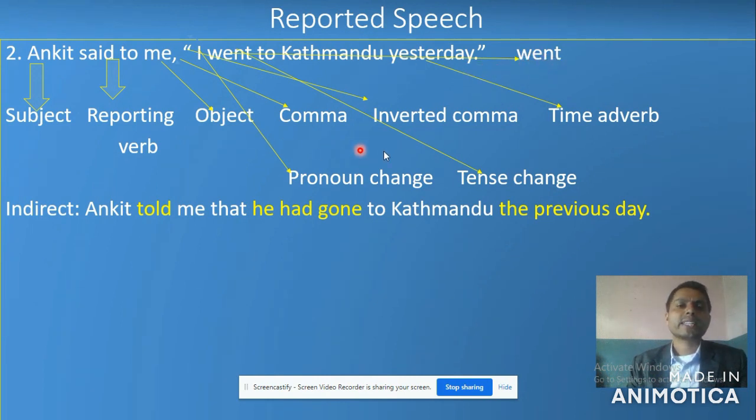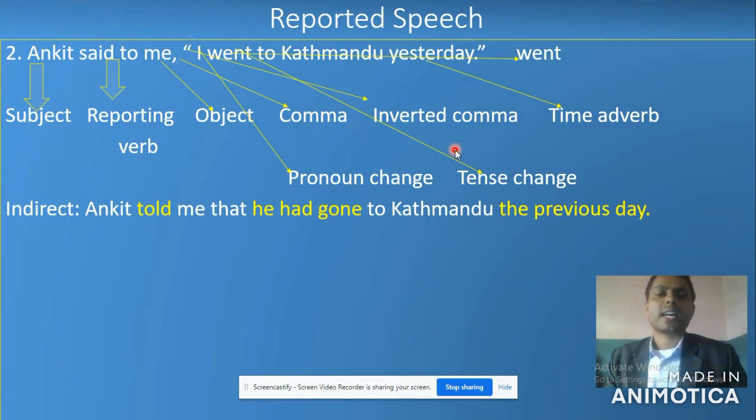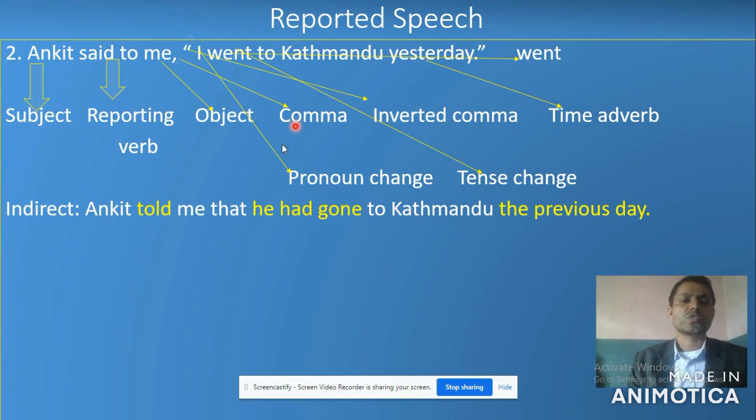Okay, after knowing these elements under direct speech, now you have to change this direct speech into indirect speech, right? Look at here. Ankit said to becomes told, right? Told me, this is the object me.